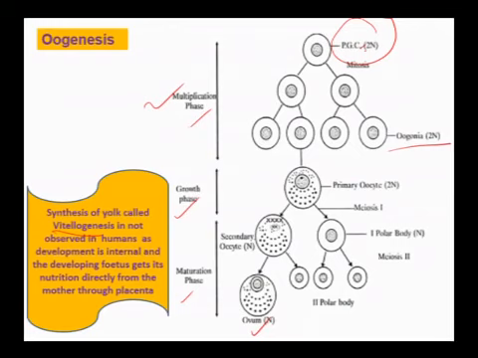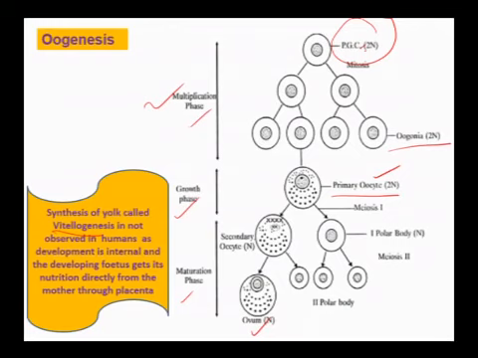So even in the developmental stage, the mother is able to feed the fetus with the help of the placenta. Even after birth, the mother is able to feed the newborn with milk produced in the mammary glands. Therefore, there is no need for vitellogenesis as far as the human egg is concerned. That's why it is insignificant. Anyhow, the grown cells are called primary oocytes.